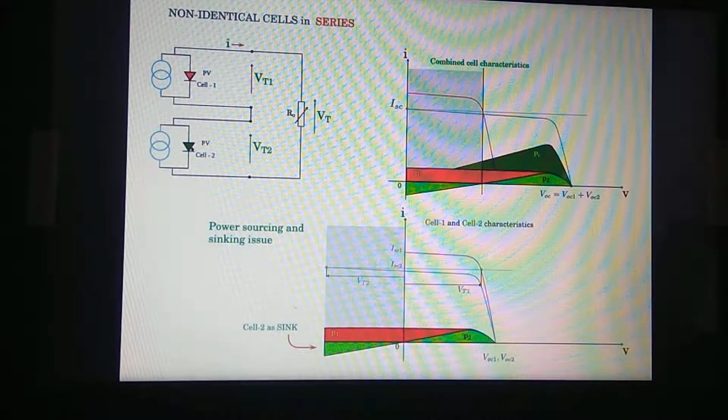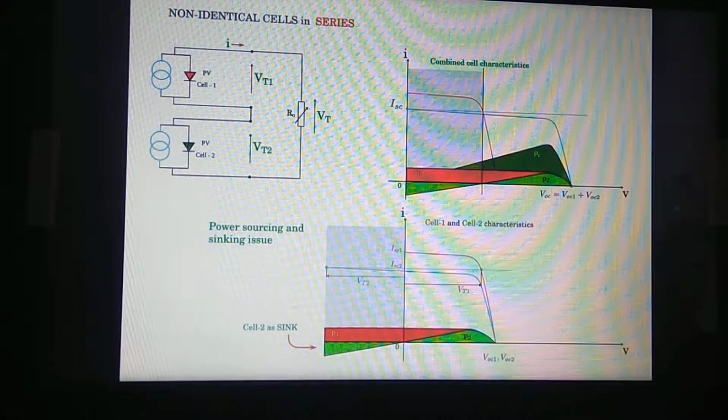It deteriorates its characteristics. Not only that, it becomes a dissipator, and it dissipates this extra power and thereby brings down the efficiency of the entire system. So we should find ways to avoid this problem as best as we can.